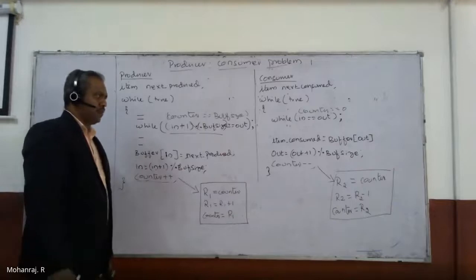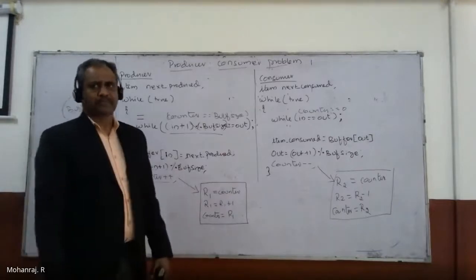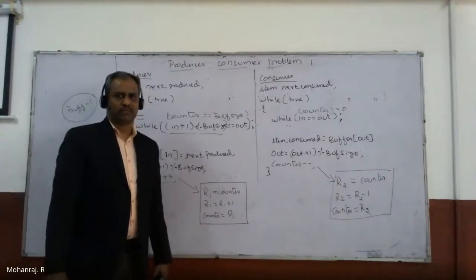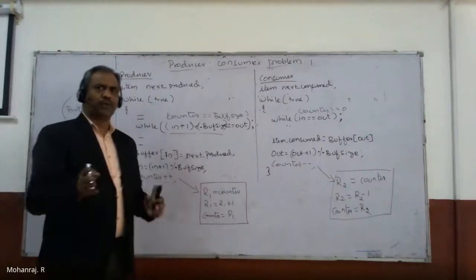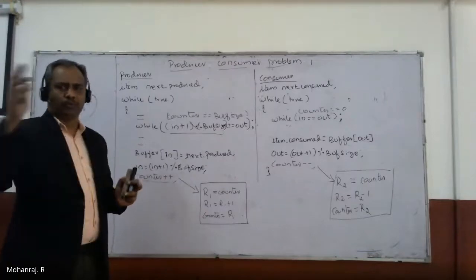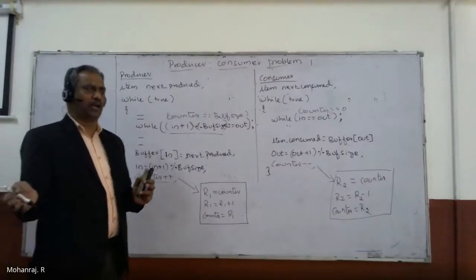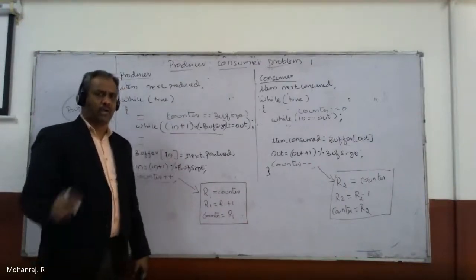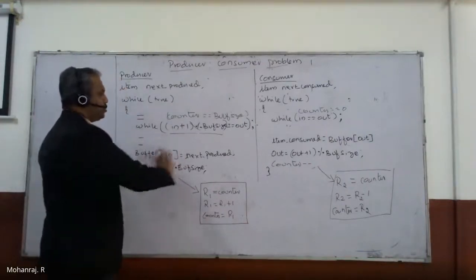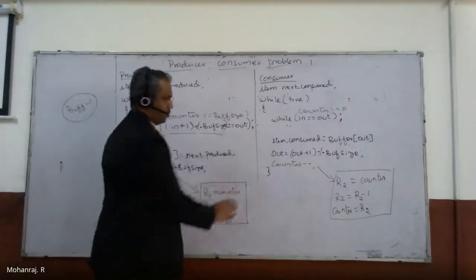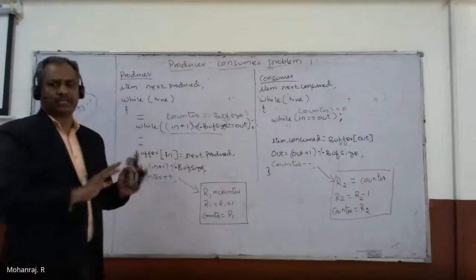Now, hope you remember we have used fork. In fork you found that the same copy of the program was cloned into one more process, and both executed at the same time. Now let us assume these two are two different processes, process 1 and process 2, and both are executing at the same time.